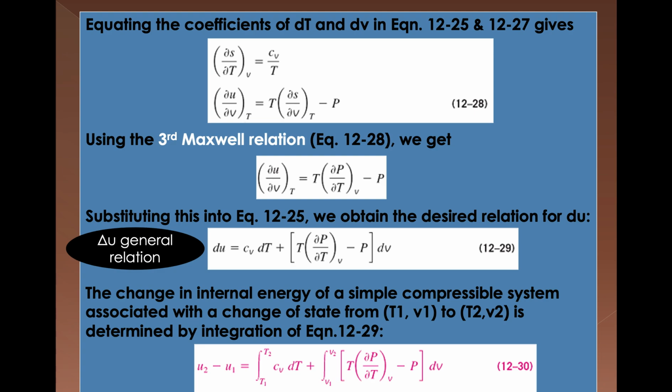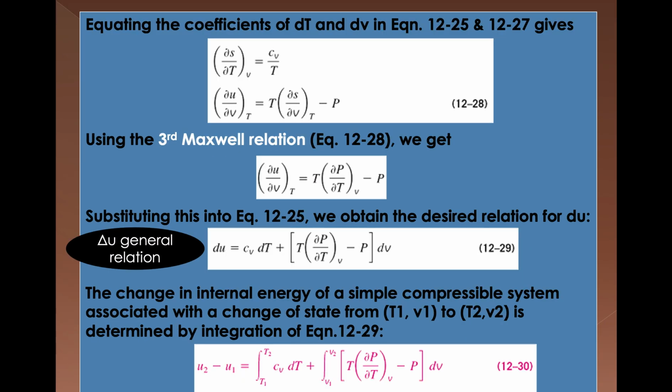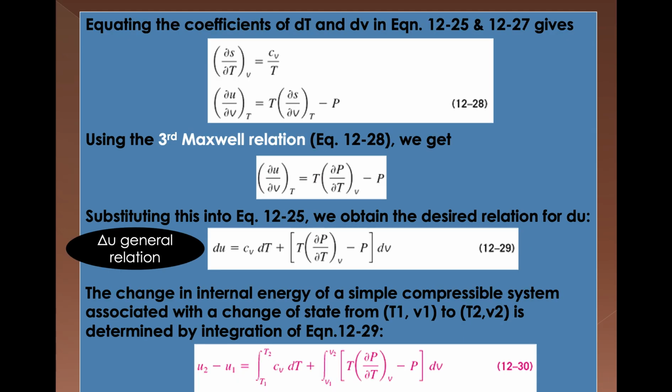Substituting this into equation 12-25, we obtain the desired relation for dU, the general relation for delta U, which defines the internal energy changes: dU equals Cv dT plus [T times the partial derivative of P with respect to T at constant V, minus P] dV.